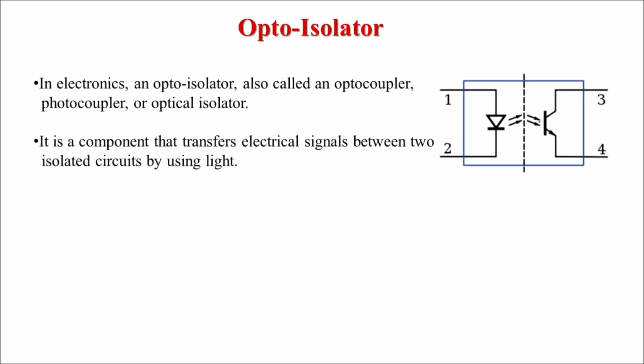So the transmission is through light. Because of this there will be proper isolation between a high power circuit and the low power circuit, so it avoids damage to the low power circuit.